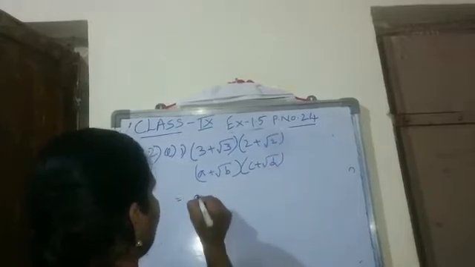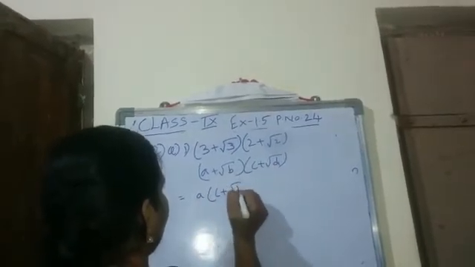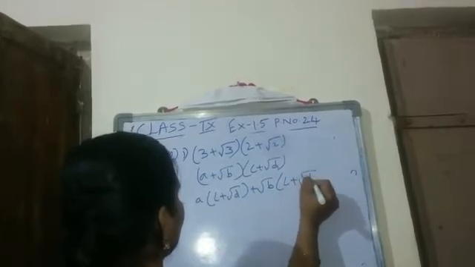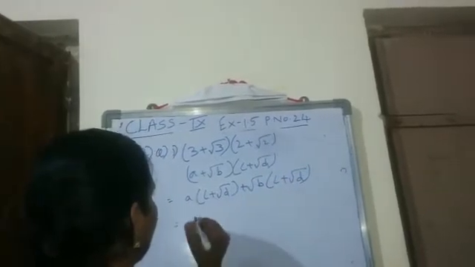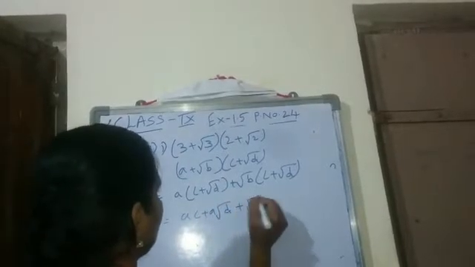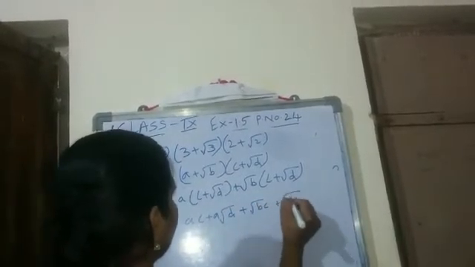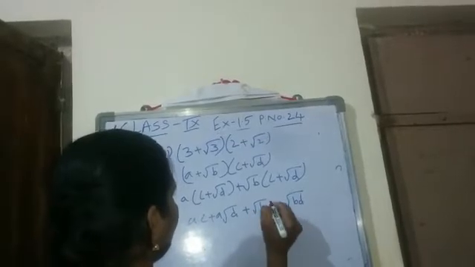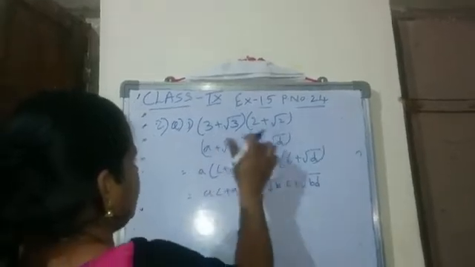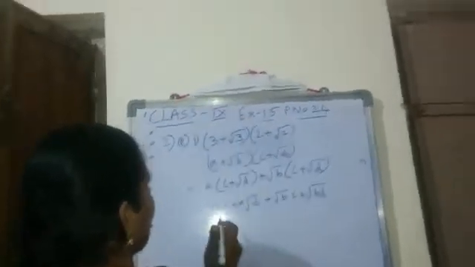So, a is multiplying with c plus root d and root b is multiplying with c plus root d. So, it comes under ac plus a root d plus root b c plus root b d. Now substitute a, b, c, d values in this identity.